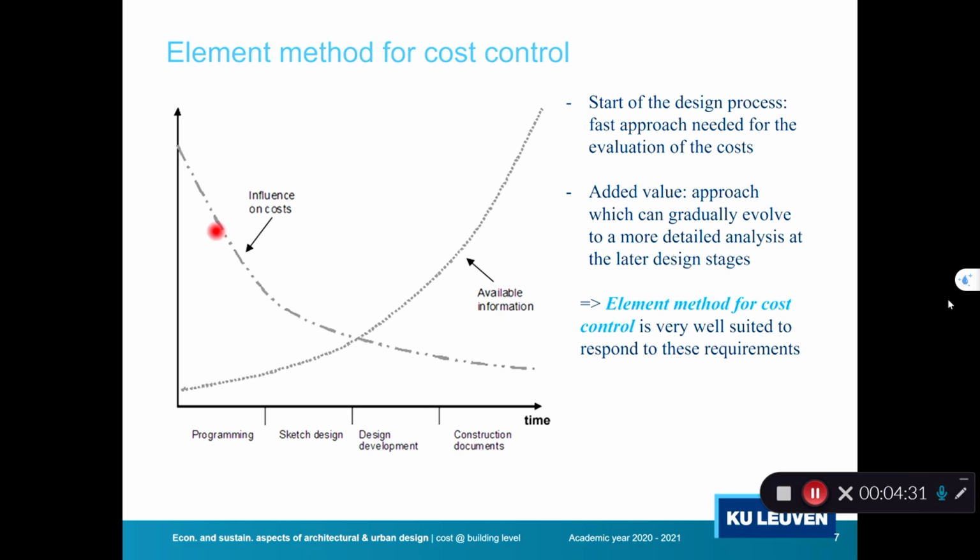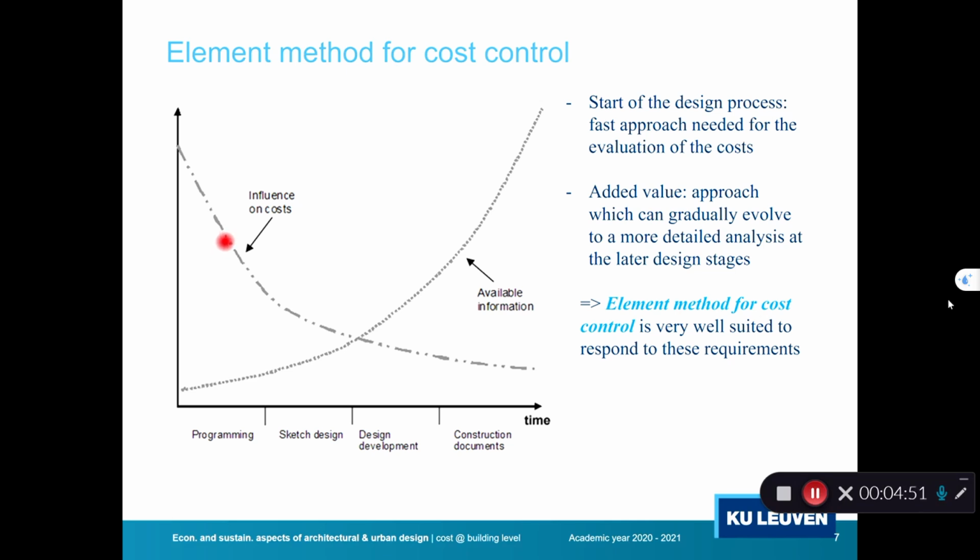It is hence important, when we want to make an estimation of the investment cost of a building, that we have a method available that allows quite accurate cost estimation in the first design phase.